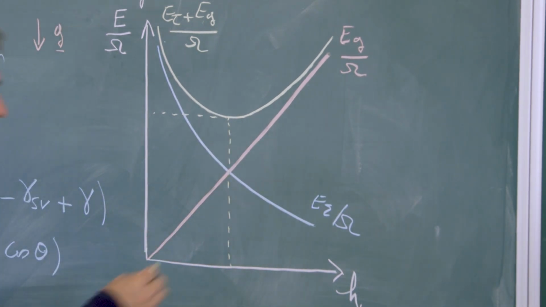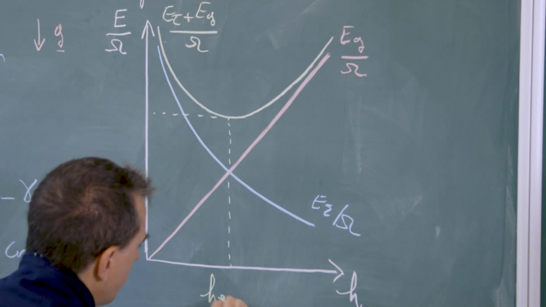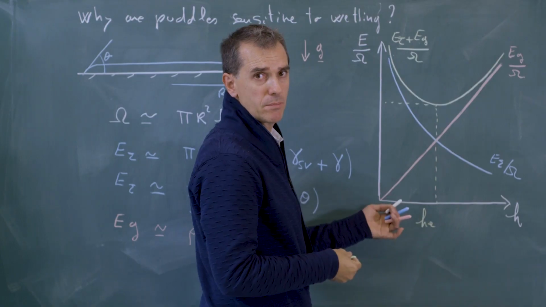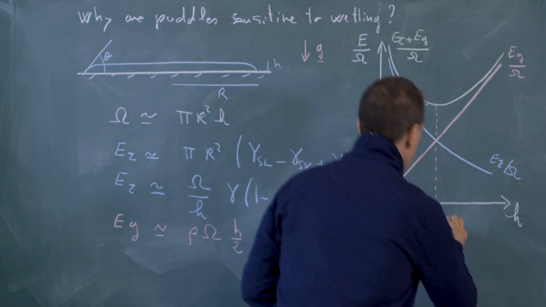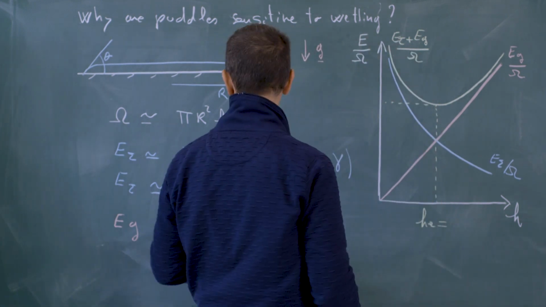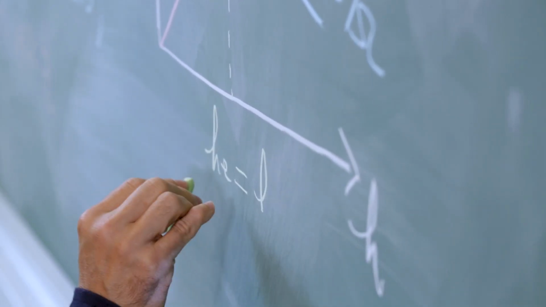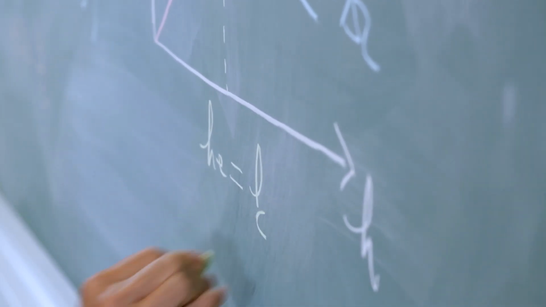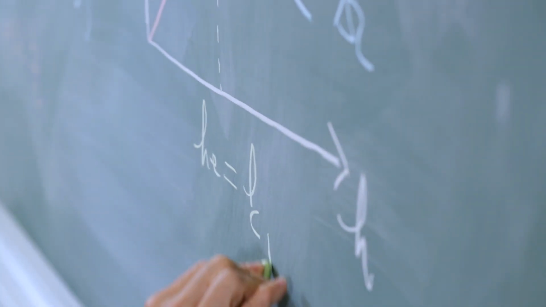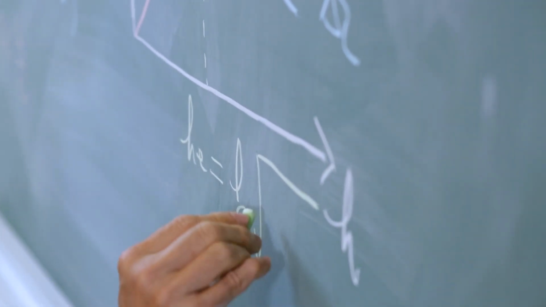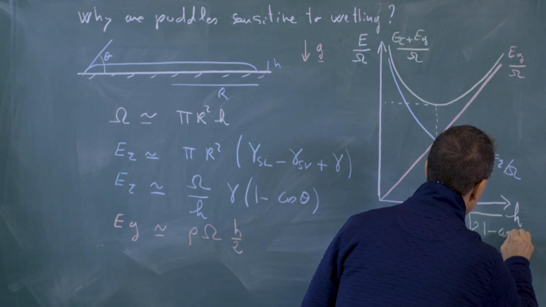And this specific thickness that I call He is the equilibrium thickness of the puddle. And the expression, if you look at what we did for E sigma and Eg, is that the thickness of equilibrium goes like the capillary length times a function of the contact angle, that goes like 2 times 1 minus cosine theta.